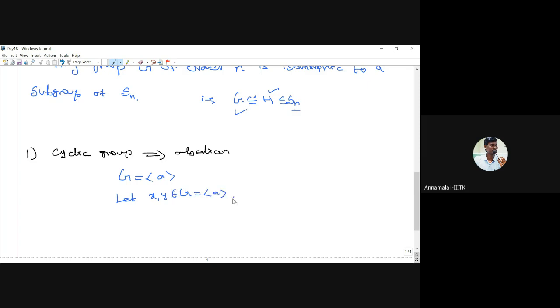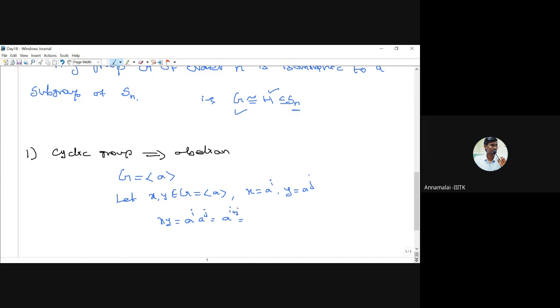Therefore x is of the form a power i, and y is a power j. Now what is xy? x is a power i, y is a power j. Now the base is the same, therefore you can add the powers: a power i plus j.